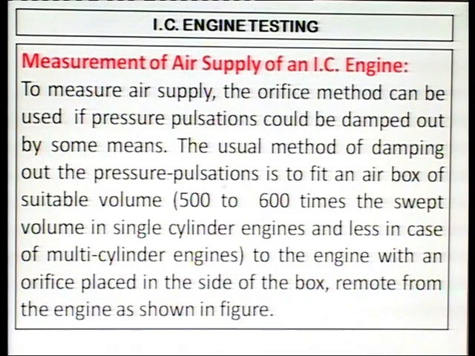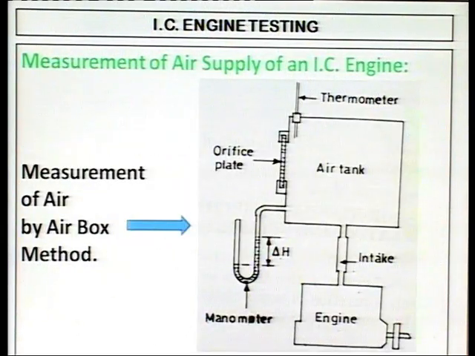The usual method of damping out the pressure pulsation is to fit an air box of suitable volume, that is 500 to 600 times the swept volume in single cylinder engines and less in case of multi cylinder engines, to the engine with an orifice placed in the side of the box remote from the engine, as shown in the figure. This is the measurement of air by the air box method.